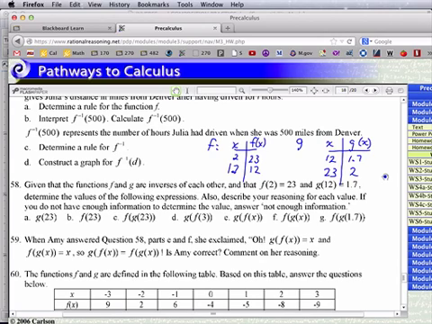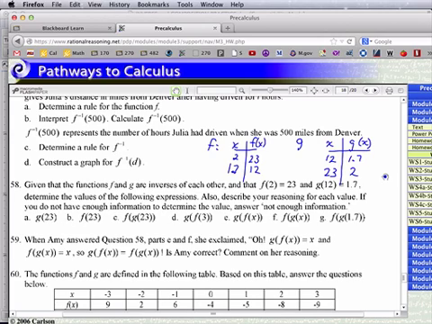So based on the information of the problem, we know f of 2 is 23, and we also know that f of 1.7 is 12. And we know that G of 12 is 1.7, but because G is the inverse of f, if the input of G was 23, its output would be 2.